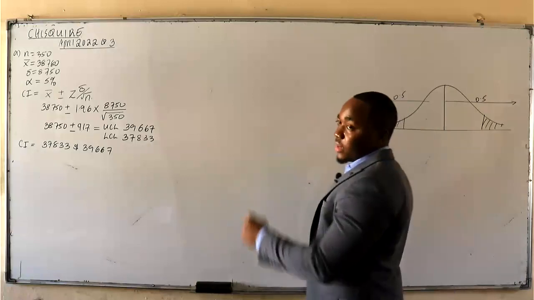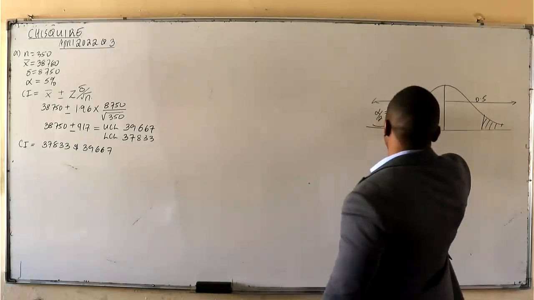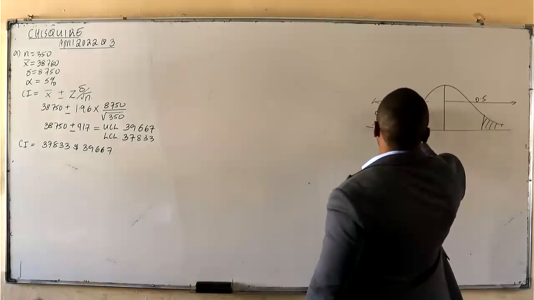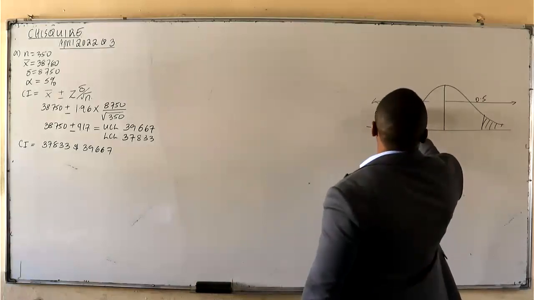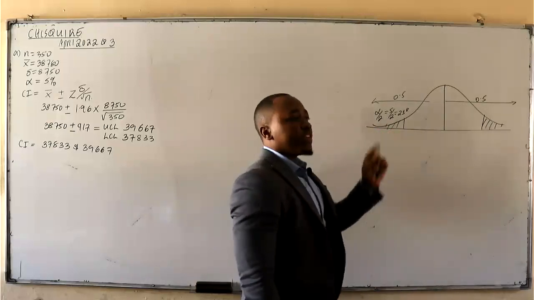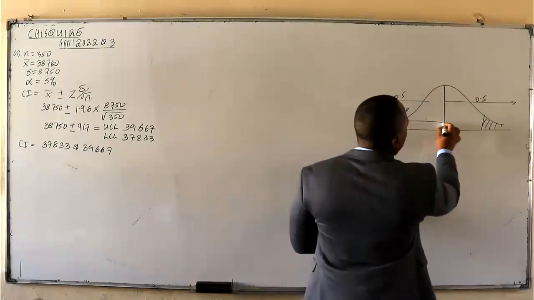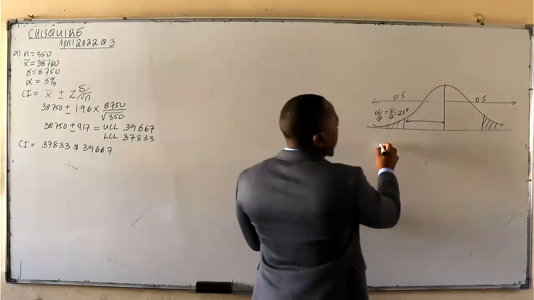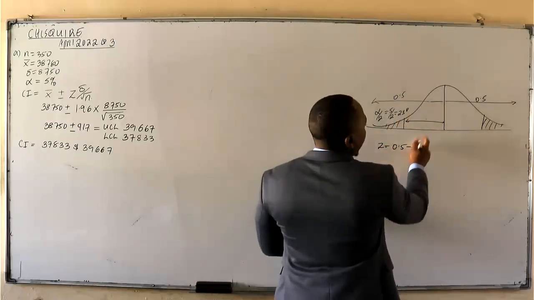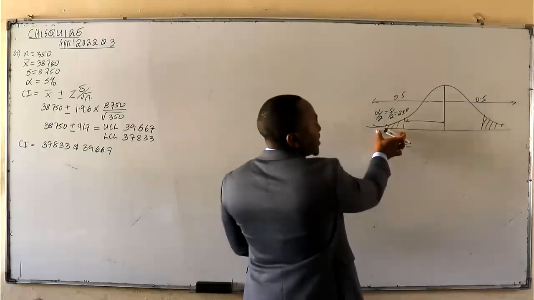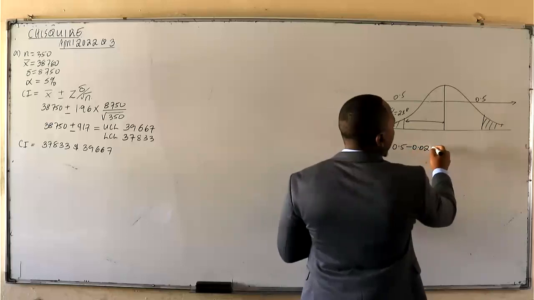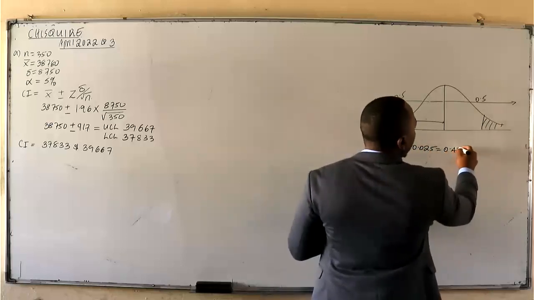Our significance level is 5%, so 5 divided by 2 gives 2.5%. That is the probability of rejecting. What about the probability of accepting? You subtract the probability of rejection, 2.5%, 0.025, from 0.5 and you get 0.475.